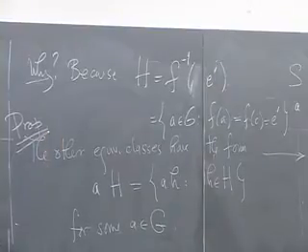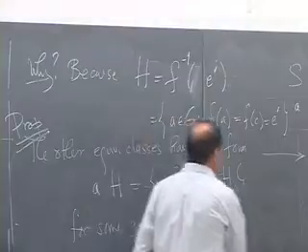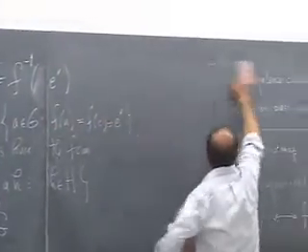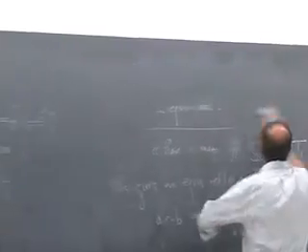Once you know the kernel of a homomorphism, you get a pretty good description of the equivalence classes, the things mapping to a fixed point in G prime.